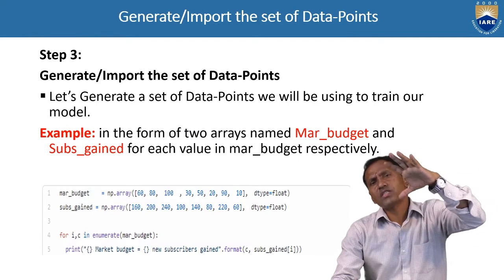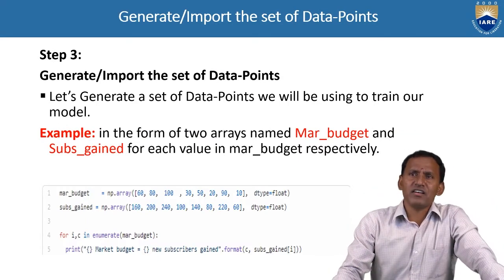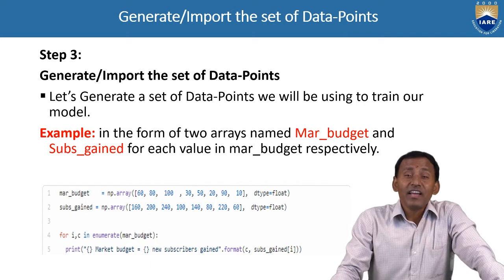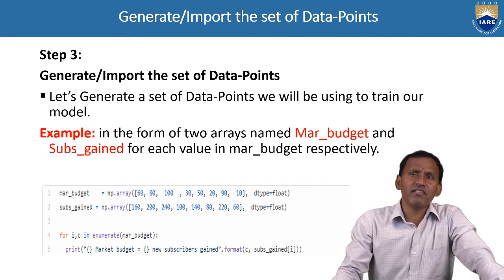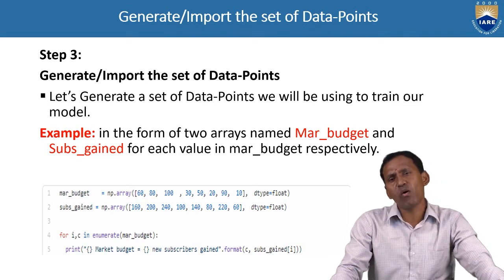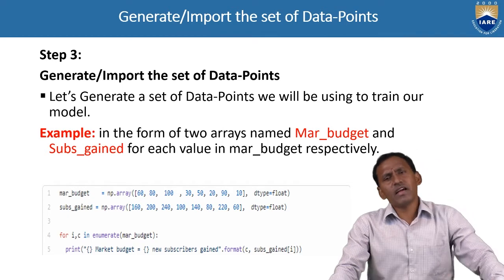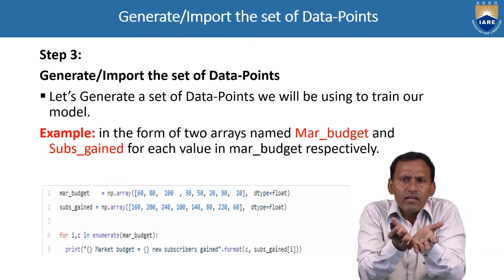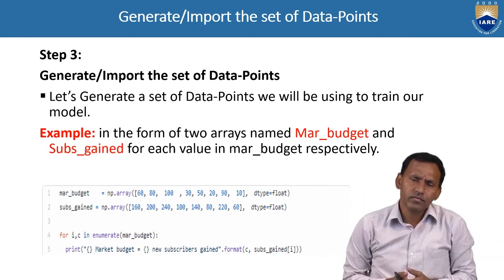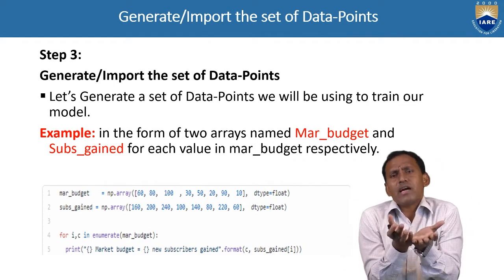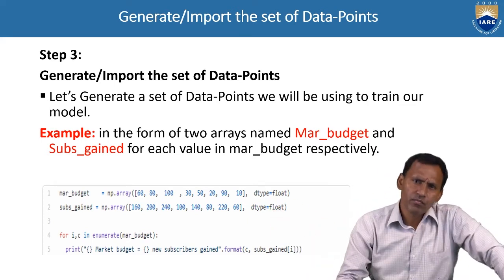Once you import all these libraries, then we have to import a set of data points. That is the very important, crucial step in modeling machine learning, right? We can give data directly in the form of arrays. That array may be one-dimensional or two-dimensional.